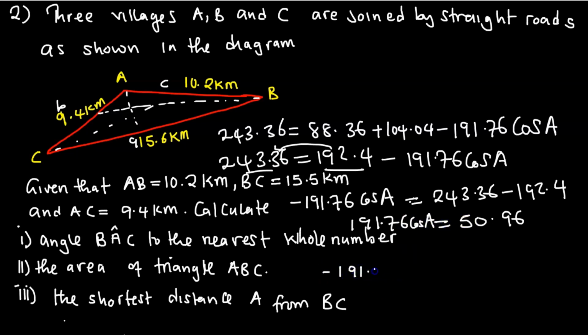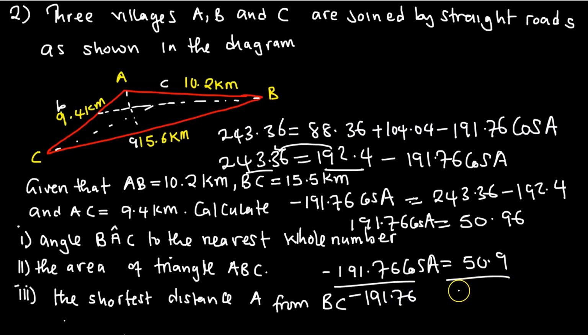Let me write this one nicely: negative 191.76 cos A is equal to 50.96. Now we want to remain with positive cos A on this side, so you divide by negative 191.76, and also the other side by negative 191.76.